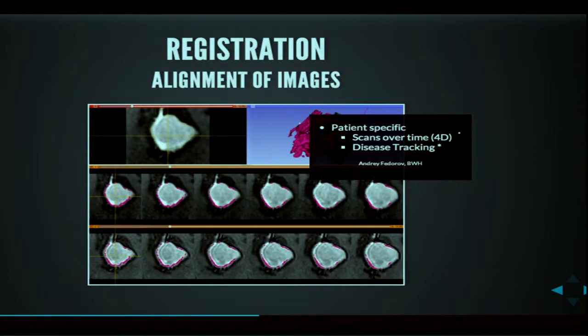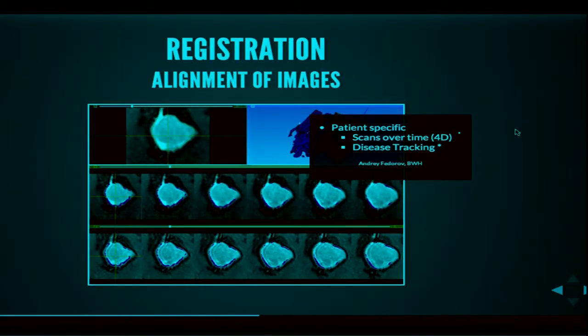So before I go into the live demonstrations in the software, I would first also like to mention registration. If you have multiple scans of one subject, you can align them properly by registering them. Or if you want to look at a tumor over time, you do disease tracking.